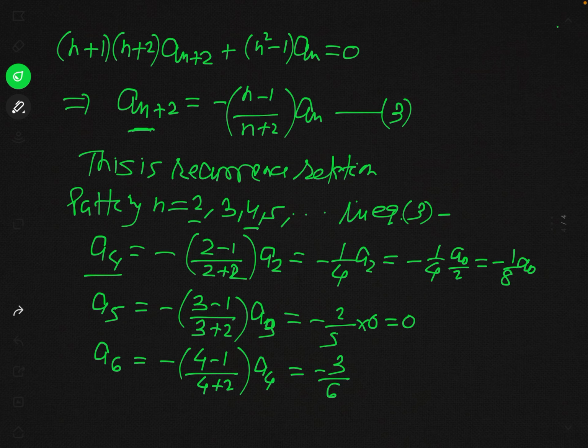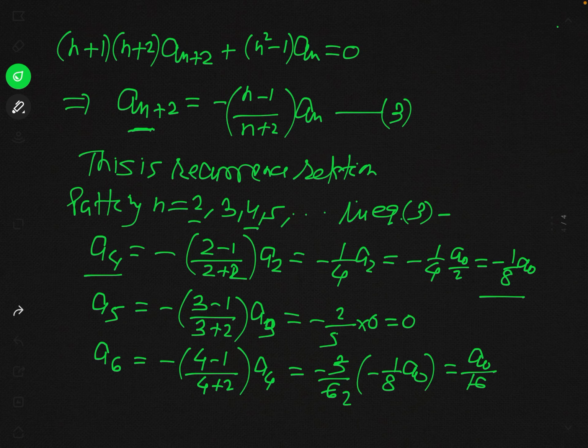And you have already found the value of a4, which is minus 1 over 8 a0. After simplification, you will get a0 by 16. Here the 3 cancels out, and minus minus will be plus.